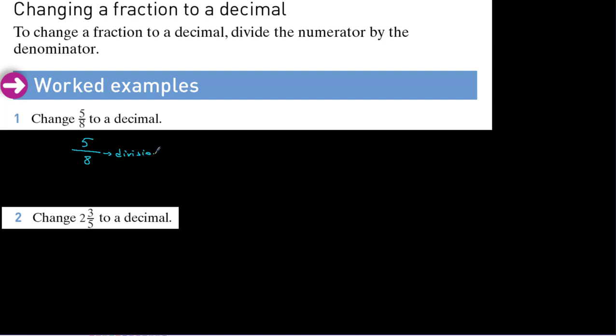So it means 5 divided by 8, which you can write like this. It is not possible because 5 is smaller, so we are going to use the long division method.